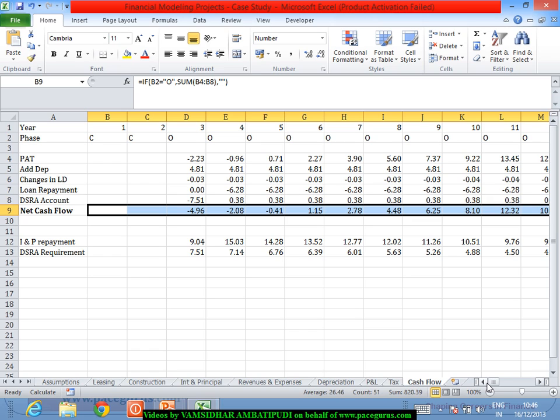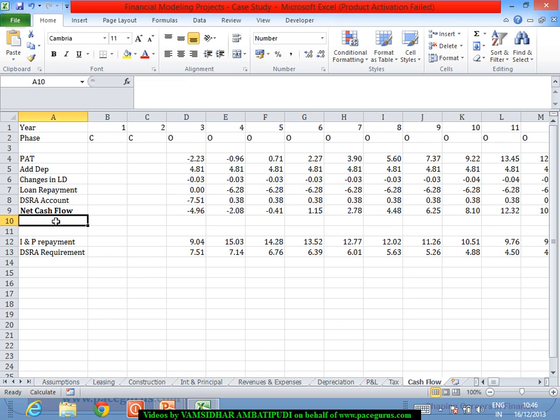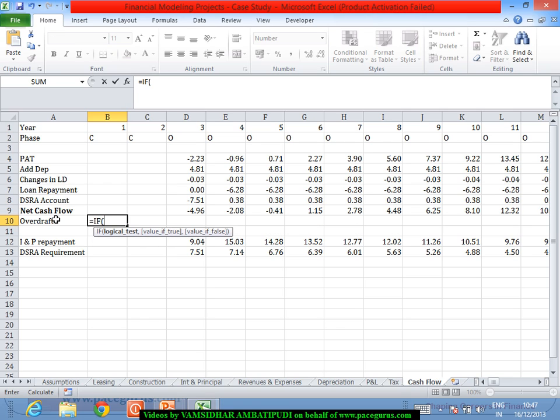So these are the net cash outflows for me. And now for each of the years, what I can very well think of is an overdraft. Wherever there is a negative cash flow, I'll talk about an overdraft. So what I can very well do is, if this is operations, and I'm saying if the net cash flow is less than 0, I will take the negative of the net cash flow as the overdraft.